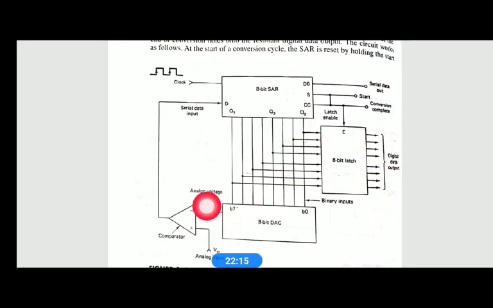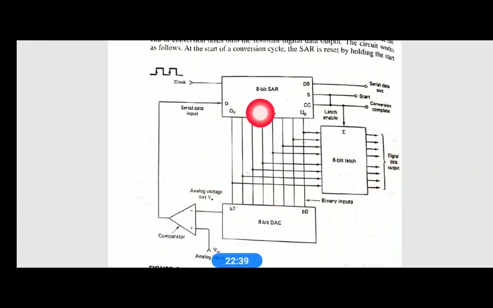When these two inputs are both the same, in our example 11.5 volt when you apply here, for 11.5 volt you are getting a digital input at the DAC of 0111011, which we are taking across the output of the latch.